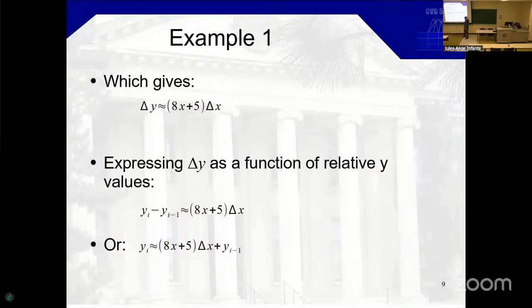Notation can be relative. So this is the backward slope. You can do forward, but backward is the simplest because you know the previous value, so you calculate from there.